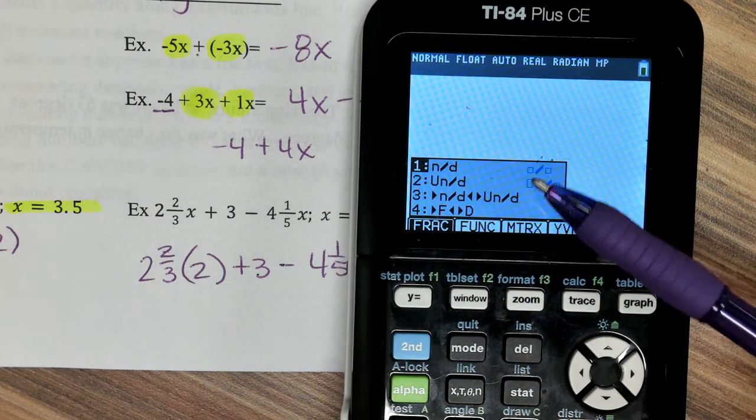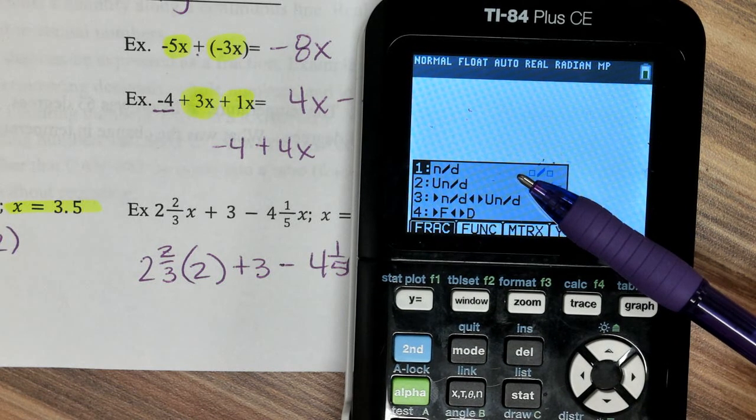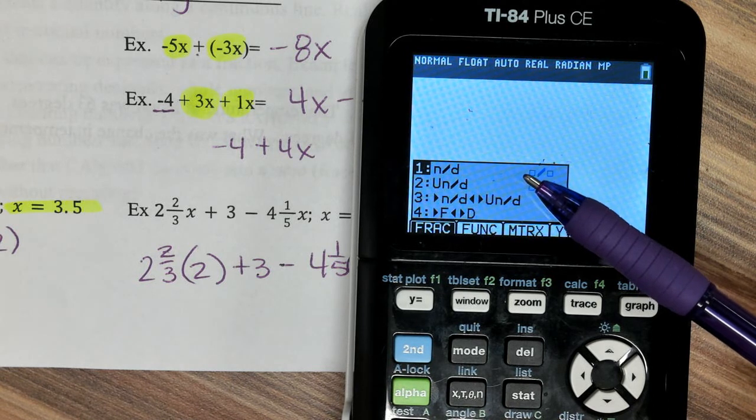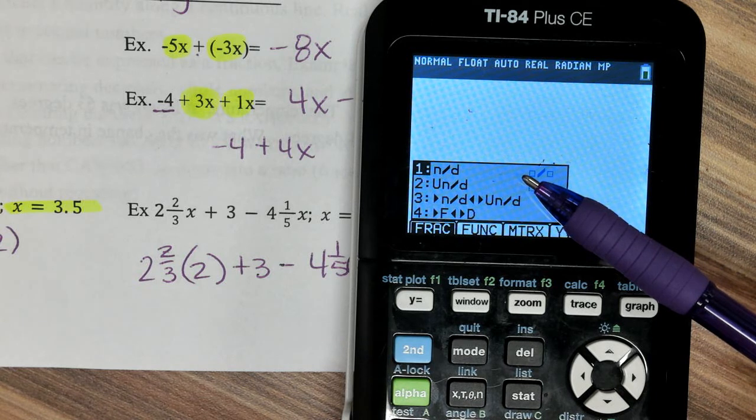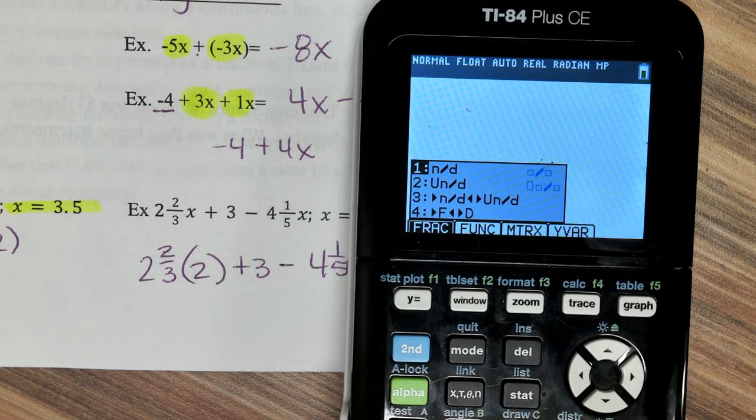This screen should pop up, yes? Did it just take you to y equals? It's because you didn't put the green button first. You probably, when you hit alpha, you probably didn't mash it hard enough.